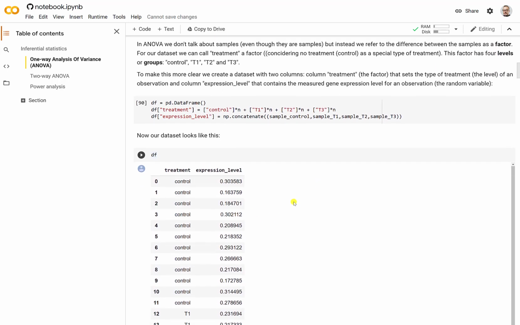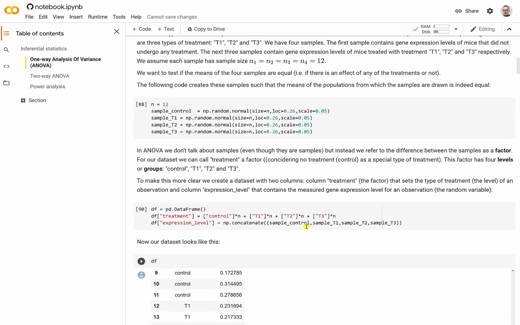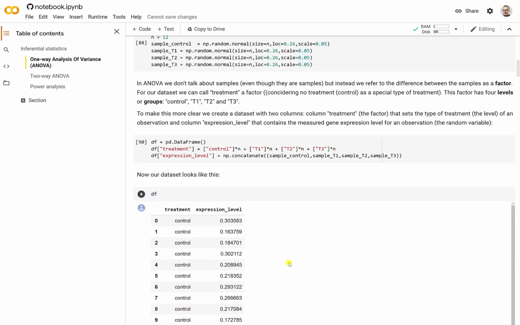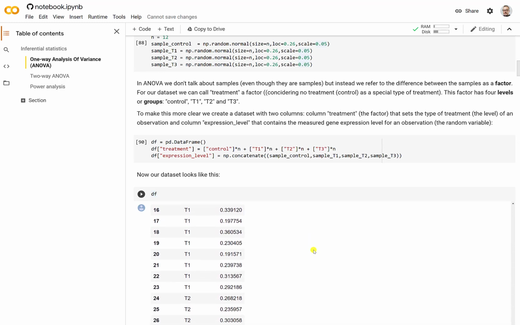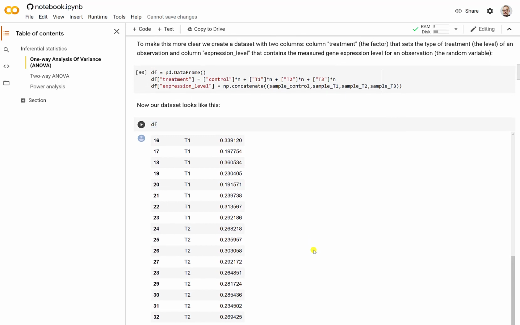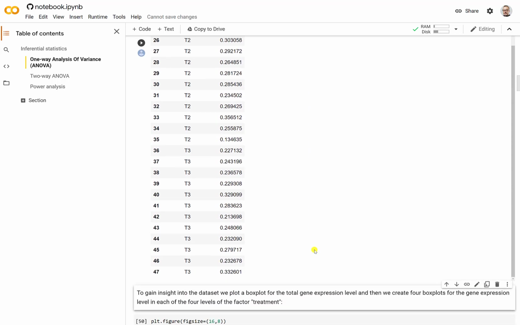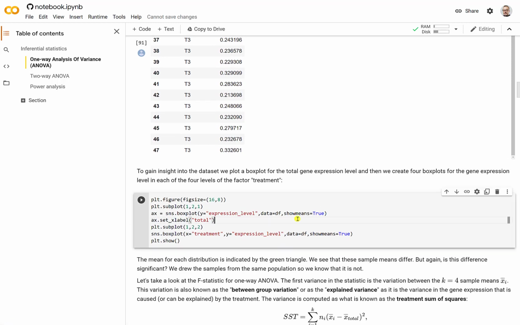Since we had 12 observations in each of the samples, we will have 12 controls, 12 observations for treatment T1, 12 for T2, and 12 for T3. Now what we're going to do next is plot these.